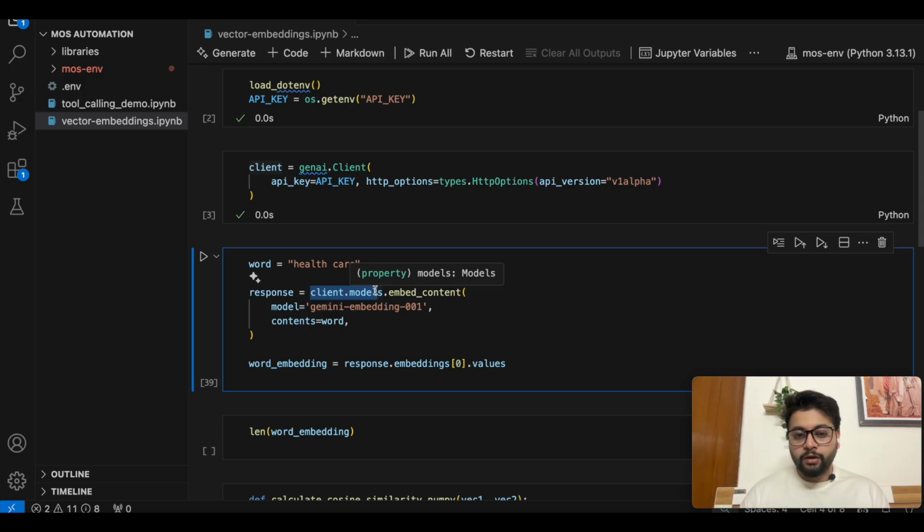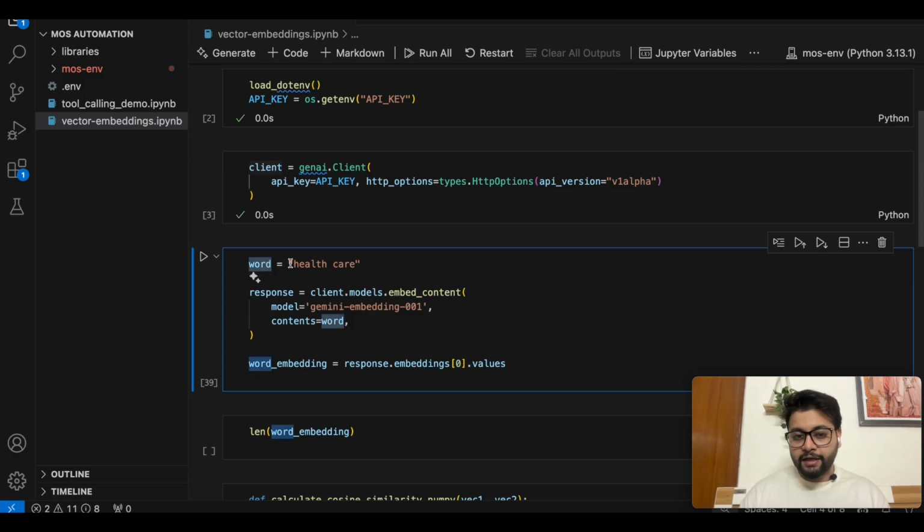It will take a lot of time. You can just club all your phrases in an array, send it off to the Gemini model, and get the responses in bulk at once. That is one optimization idea you should always keep in mind.